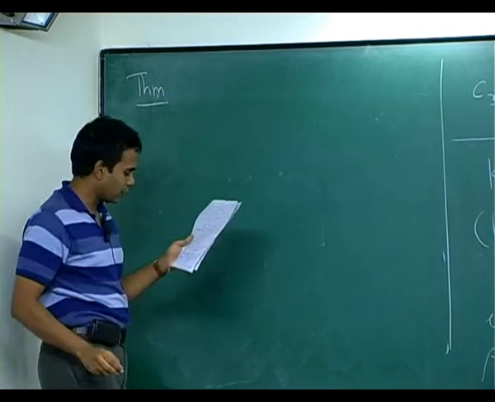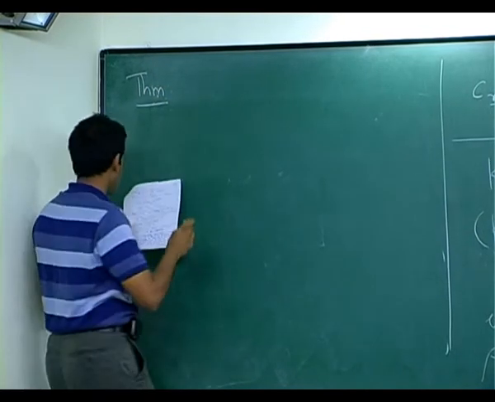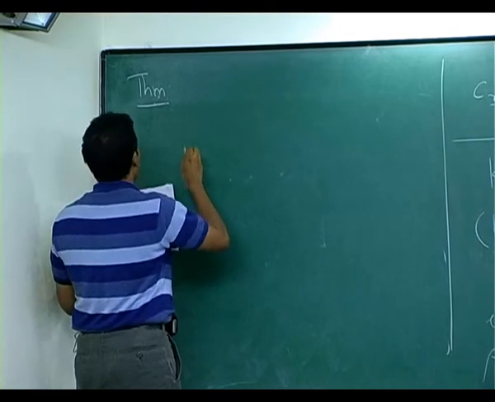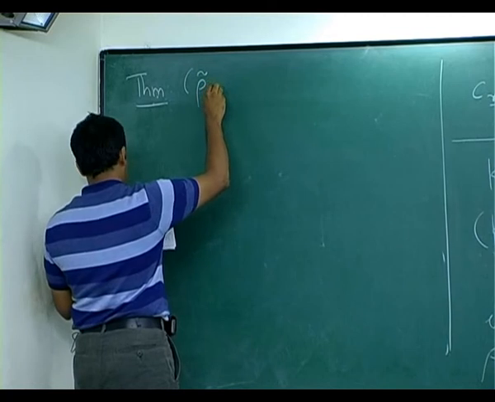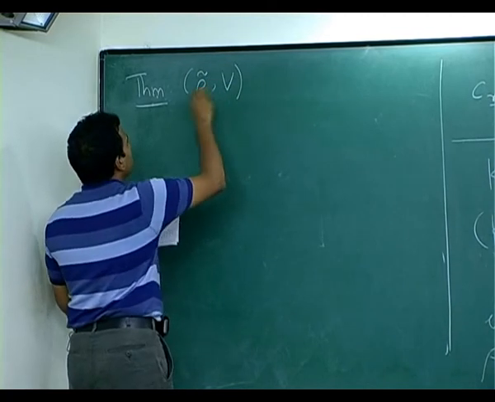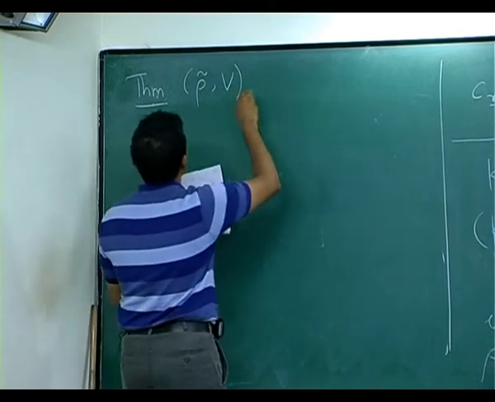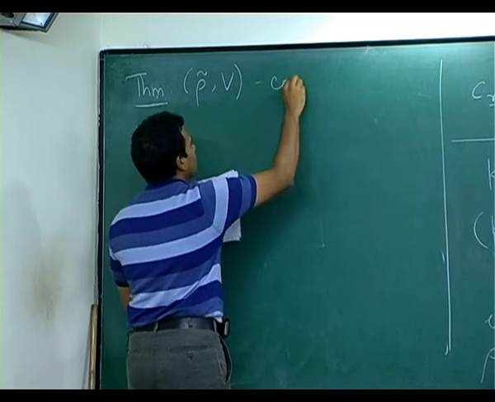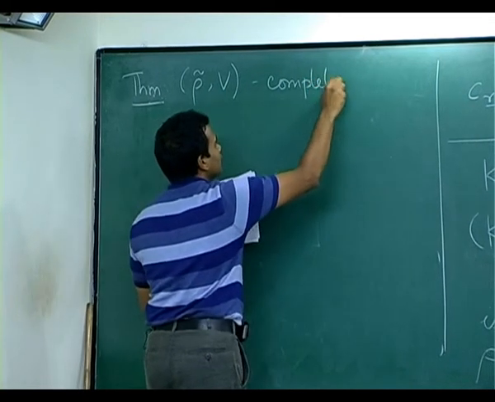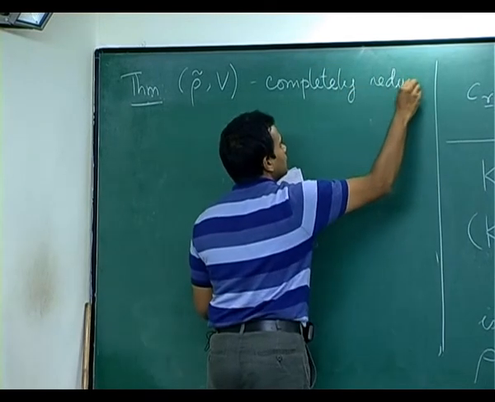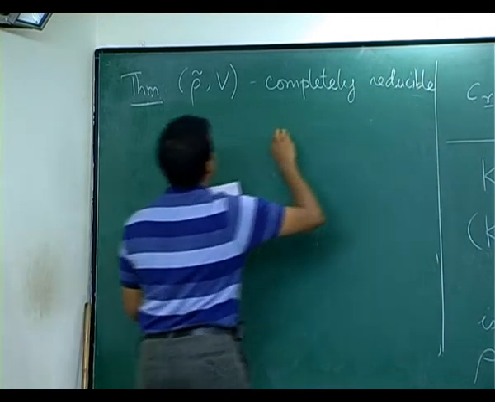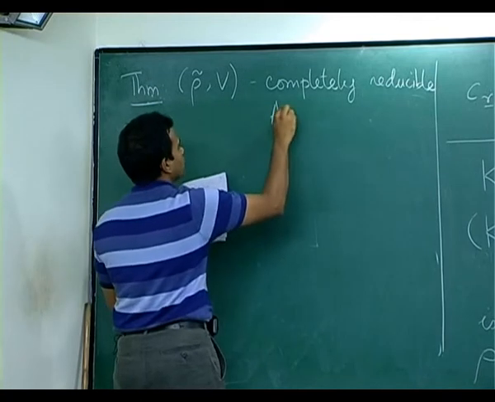I will just state it without proof, it is not very difficult to see. Suppose I have some completely reducible A module rho tilde comma V. A is just some algebra, completely reducible A module.